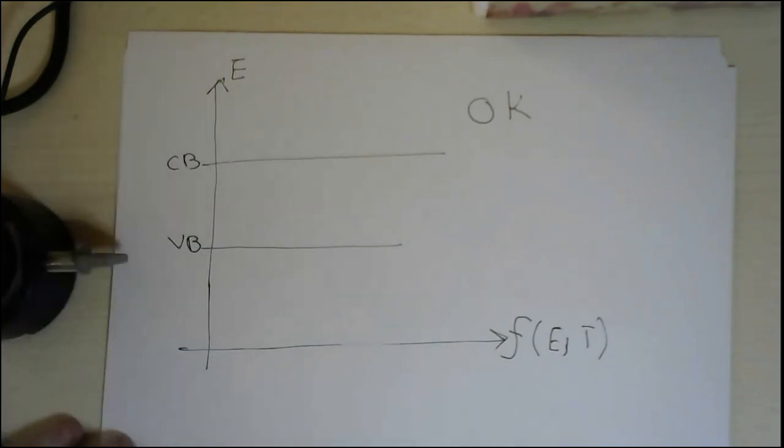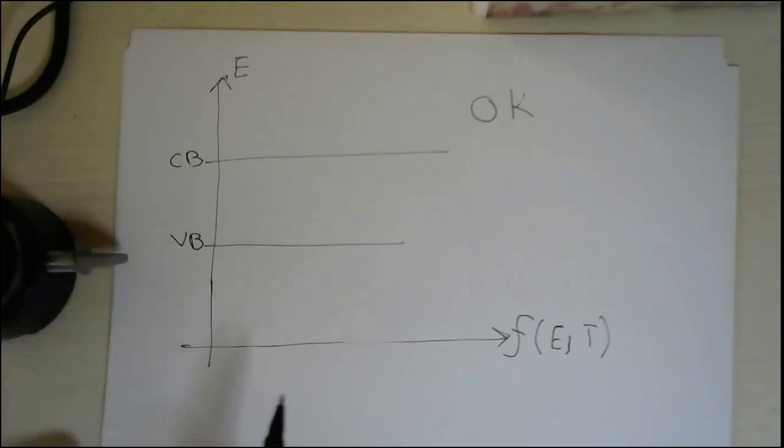As we said, at 0 Kelvin, all the electrons should be in the valency band, because there is no energy that will make the electron jump from the valency band to the conduction band.